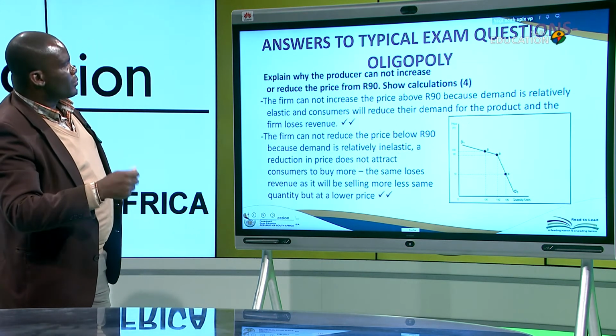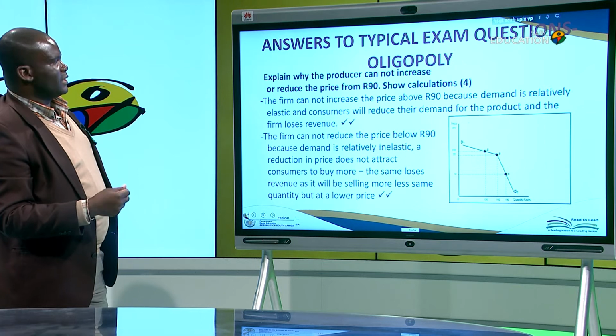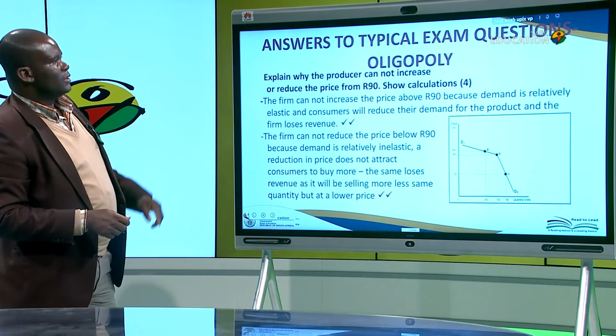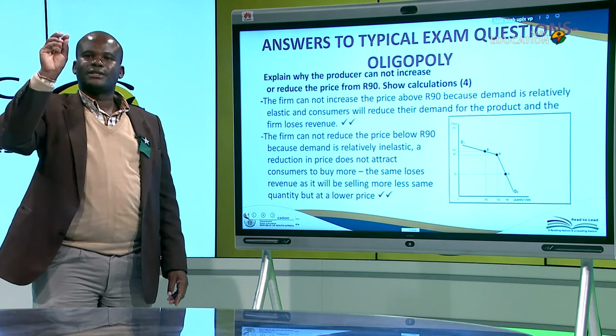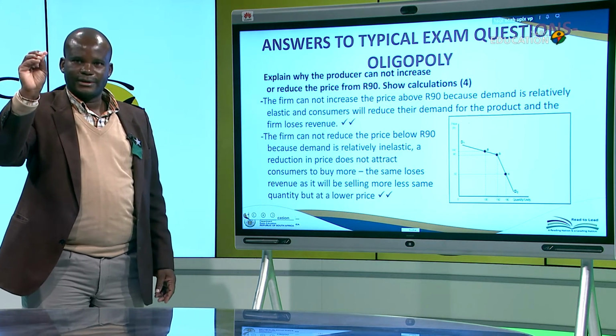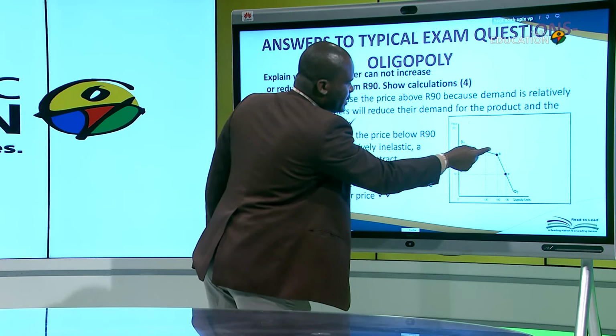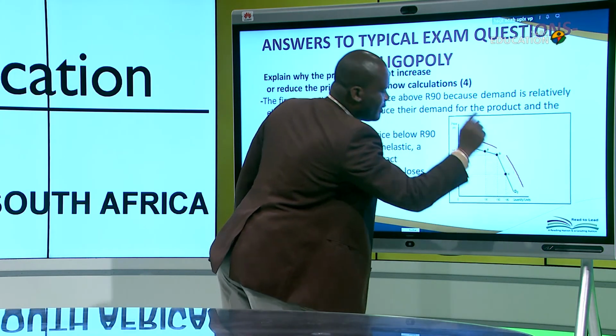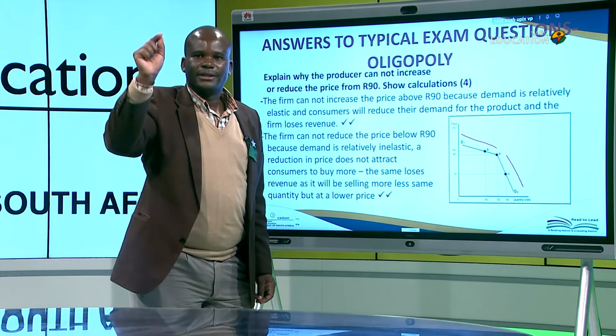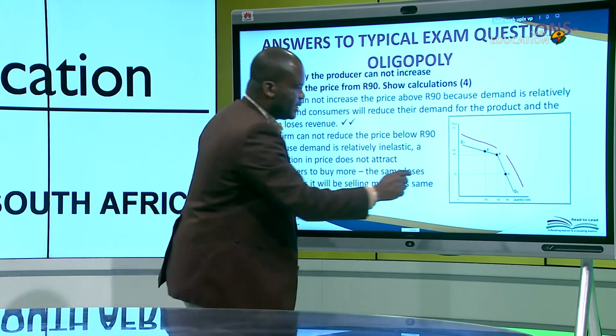Explain why the producer cannot increase or reduce the price from 90. Show calculations. Take note here, I said our demand curve has got 2 sections. The upper section relatively elastic, the lower section relatively inelastic. And the price must be where? At the kink.